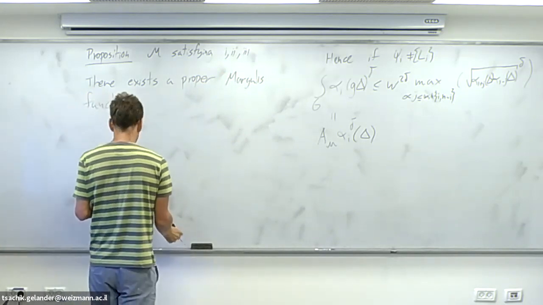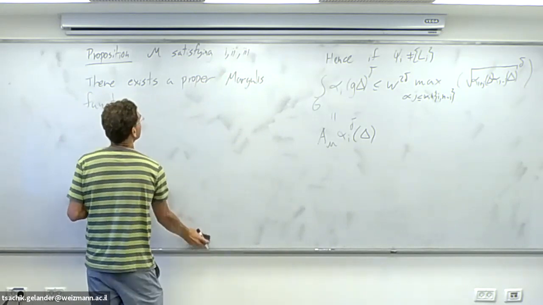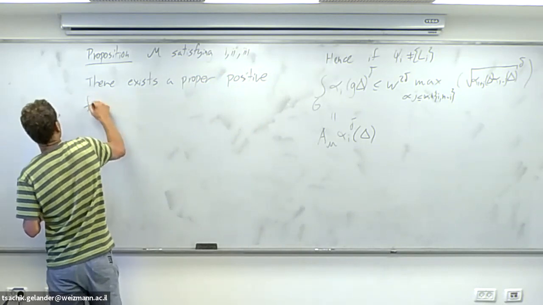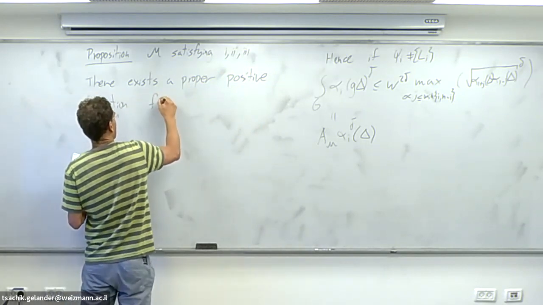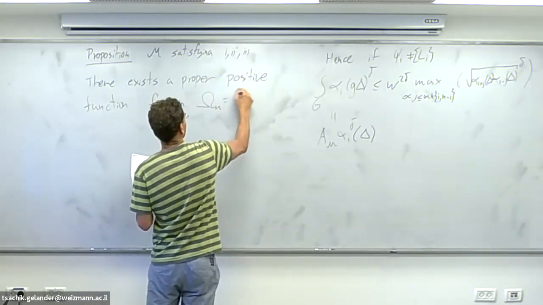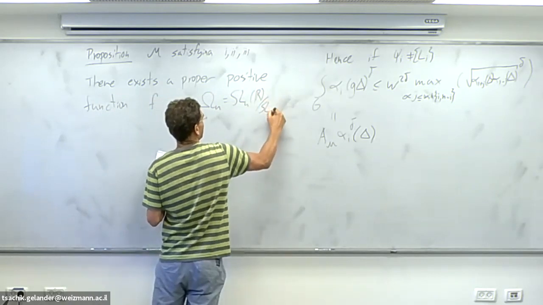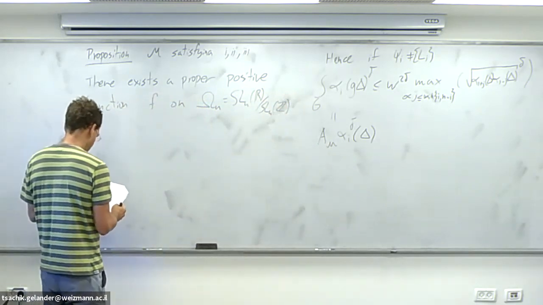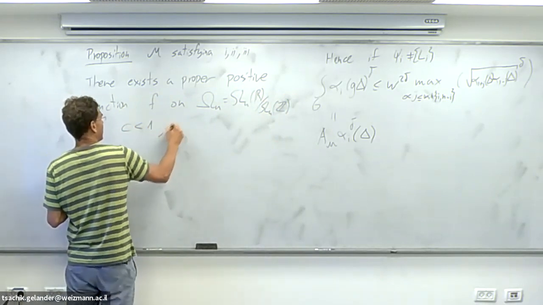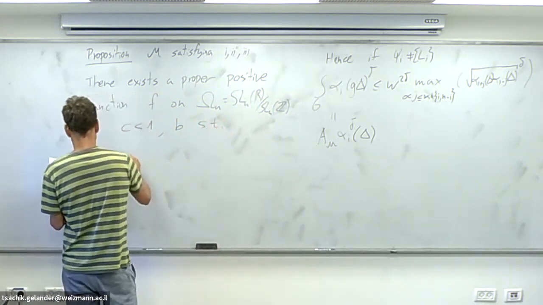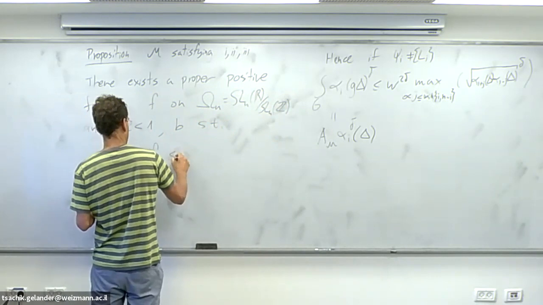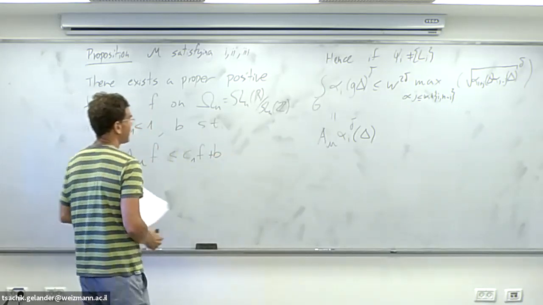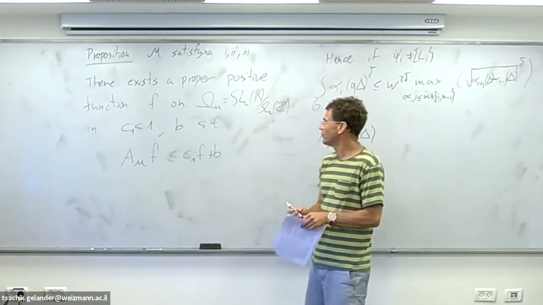and proper positive function f on omega n, which is SLN R mod SLN Z, or if you want the space of unimodular lattices, and two constants C, which is smaller than 1, and B, such that the convolution is smaller, pointwise, than C1 F. So that's what we need for the finiteness of the volume.